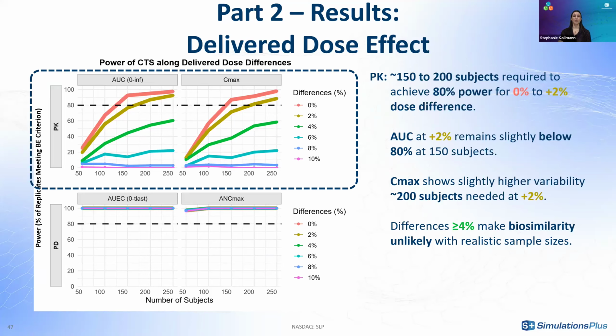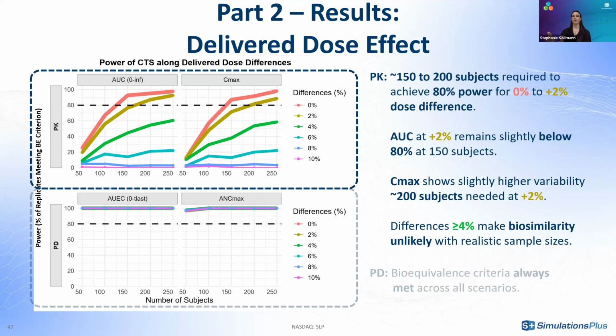At 2%, AUC remains slightly below the 80% threshold with 150 subjects, while Cmax shows somewhat higher variability, requiring, you can see it here, around 200 subjects. And once the delivered dose difference exceeds about 4%, so here the curve in green, it becomes very difficult to demonstrate similarity without an impractically large number of subjects.